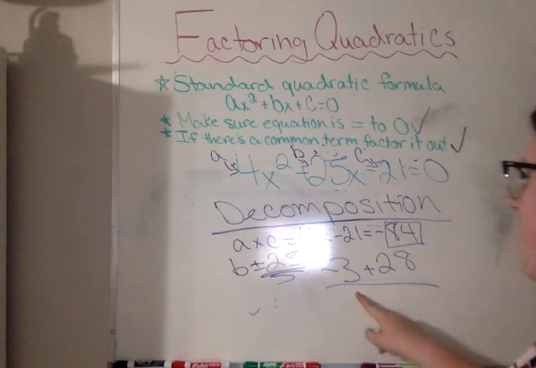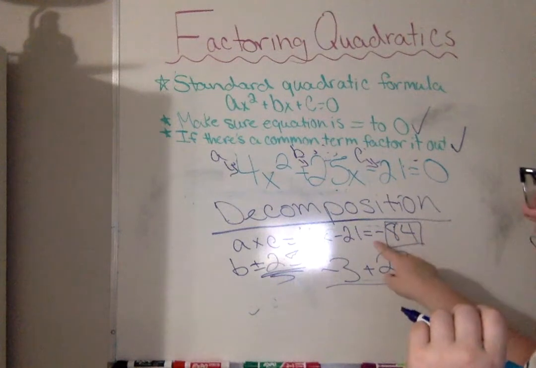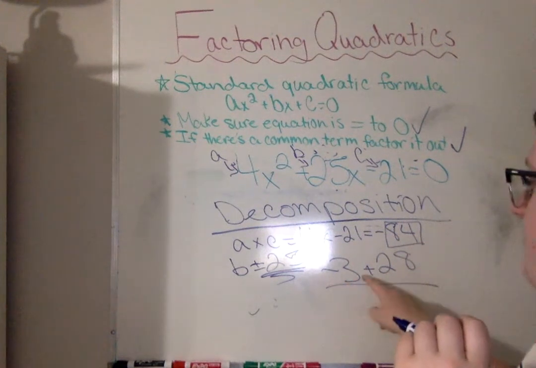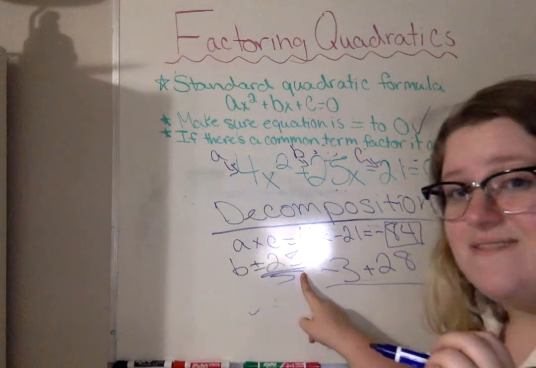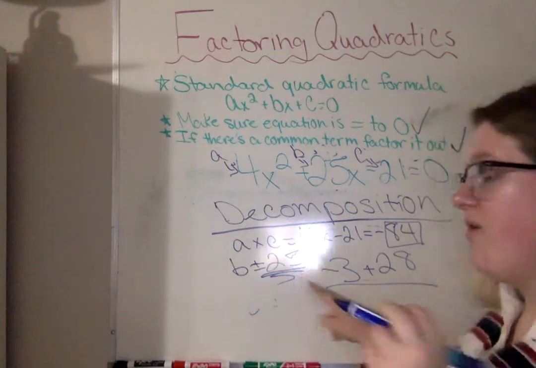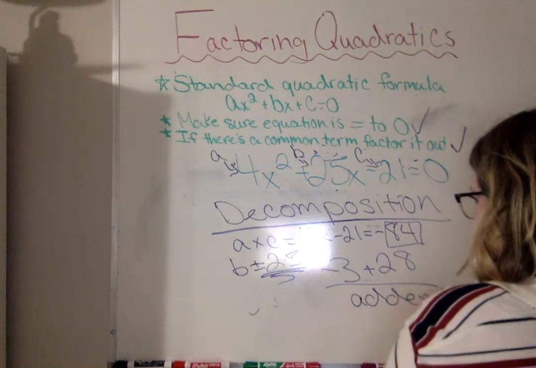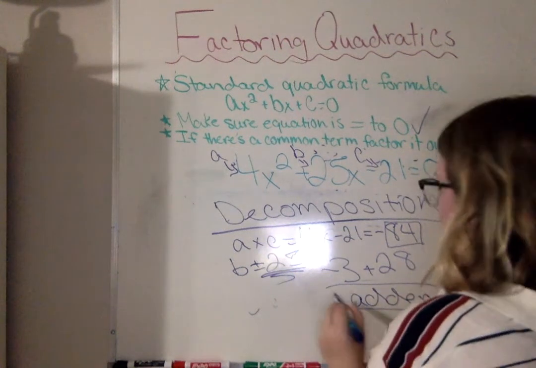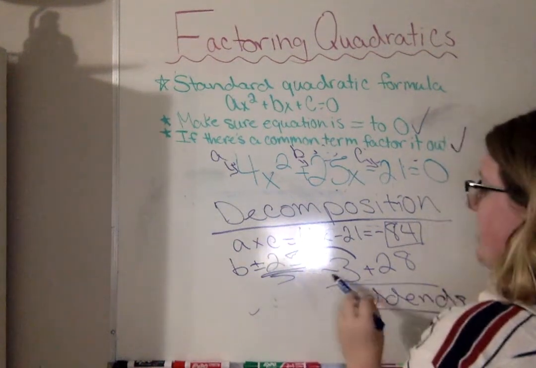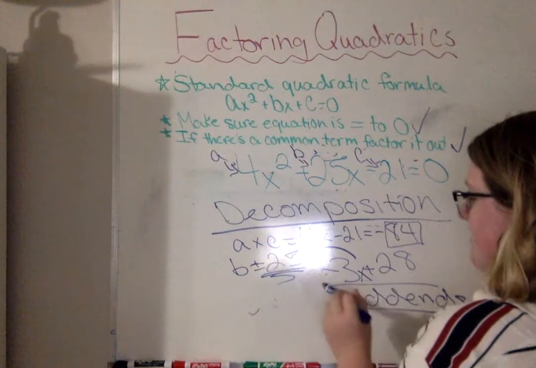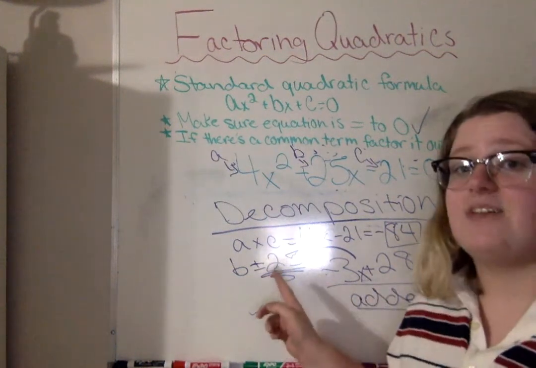So this is our factor of negative 84: negative 3 plus 28, and that is equal to 25. So, these are our addends. And the addends are going to replace the spot of the 25, because saying negative 3x plus 28x is the same as saying 25x.